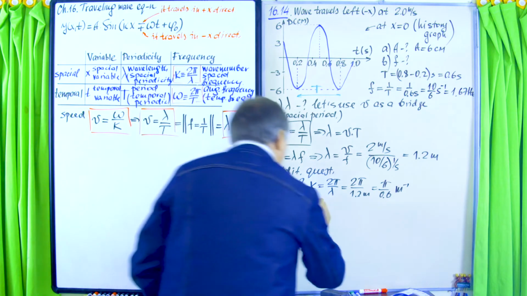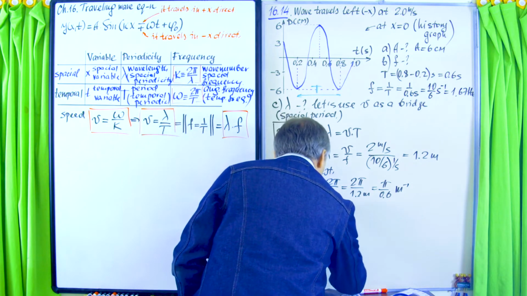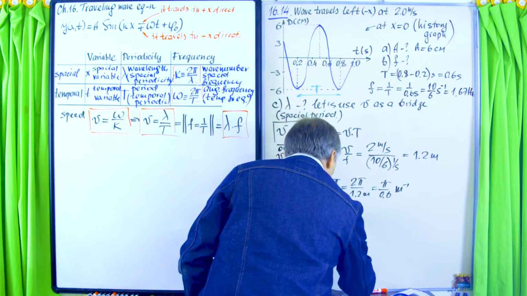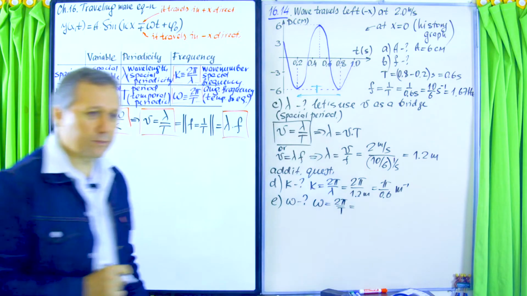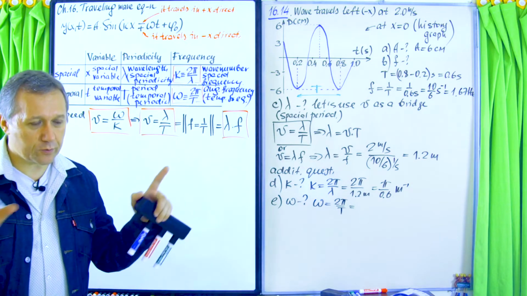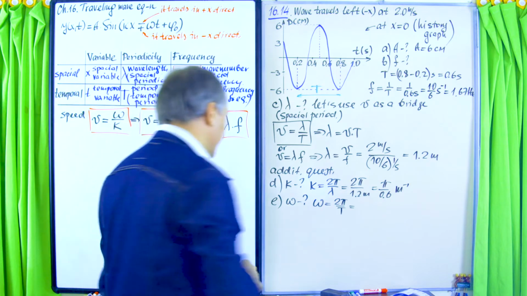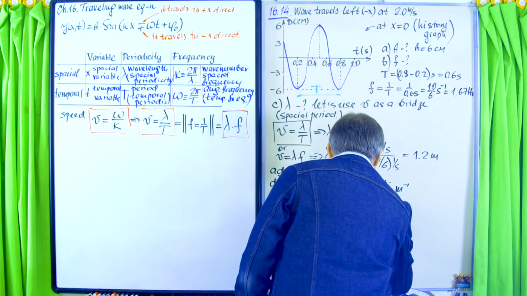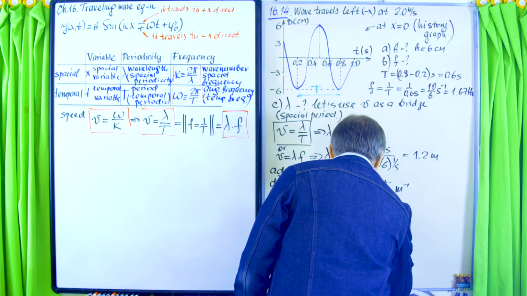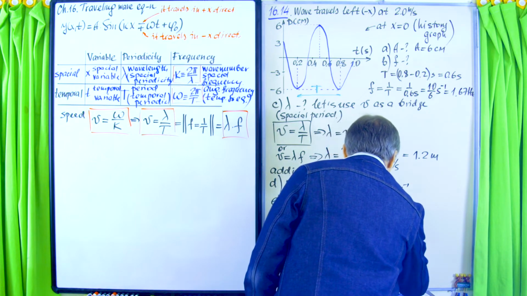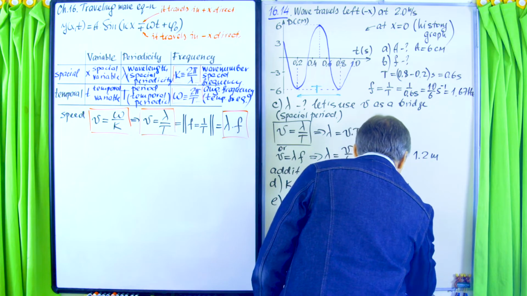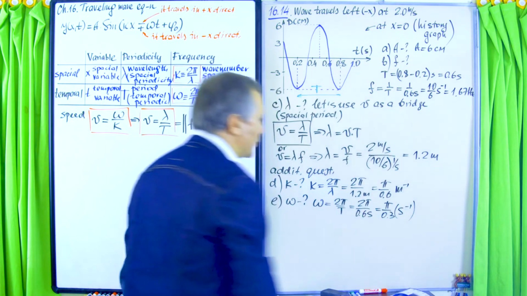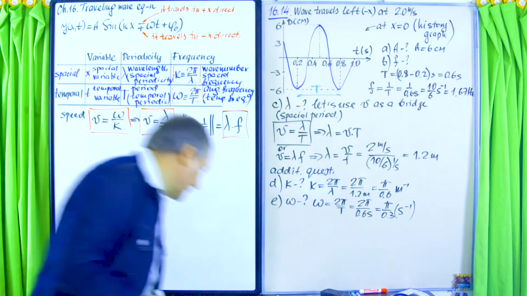So now you see, once you get used to these quantities, it's very, very straightforward. But first you need to spend some time getting comfortable. 2 pi divided by 0.6 seconds, so it will be pi divided by 0.3 seconds to the power of -1. Right?